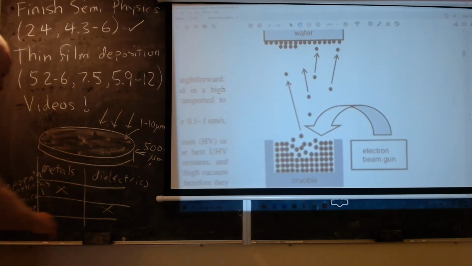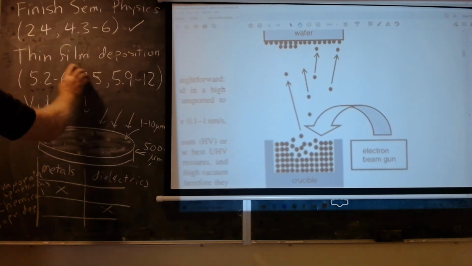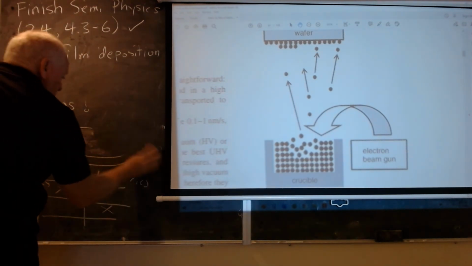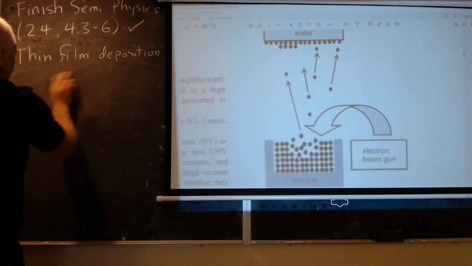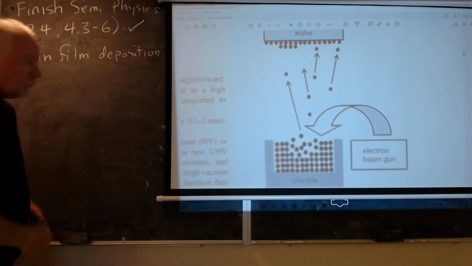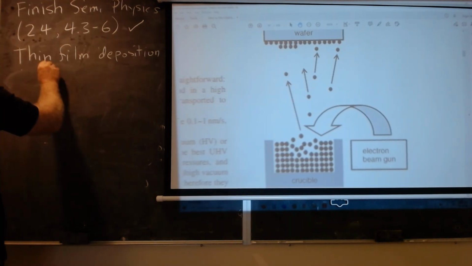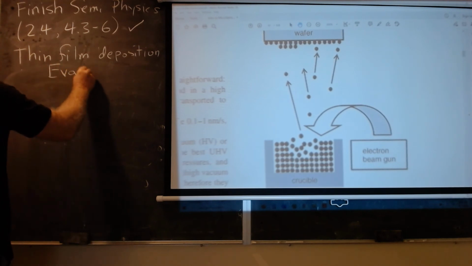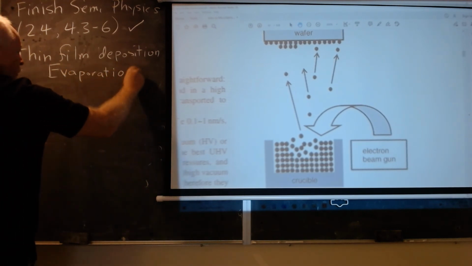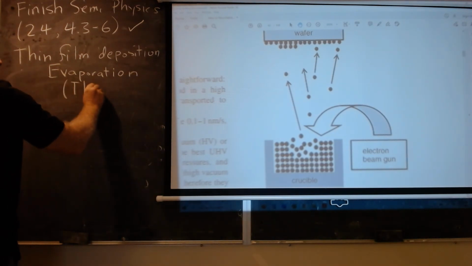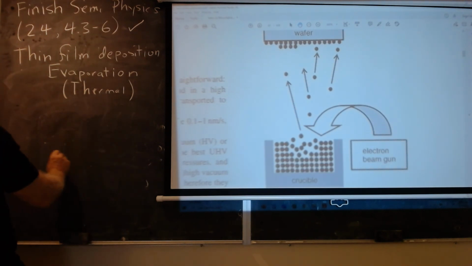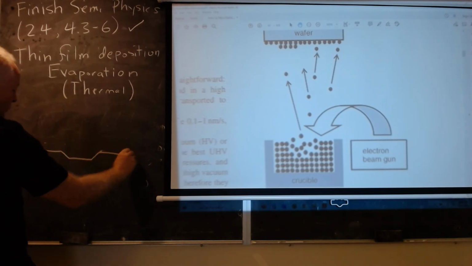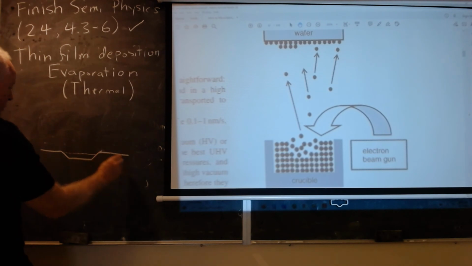So what I'm going to do here is write evaporation, and I'm going to put in parentheses thermal. So thermal evaporation would be this. Okay.